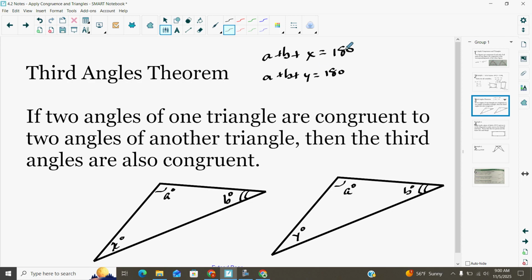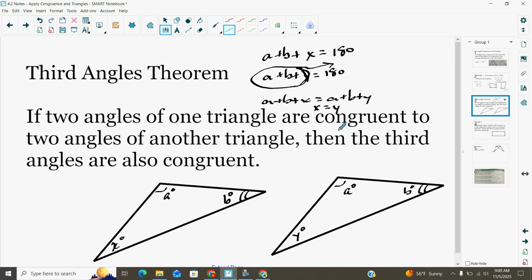Hopefully we can still see, okay, those have to be the same. To take it further though, if both equations are equal to 180, we can use substitution. We could substitute that in for the 180 over here. So it says A plus B plus X is equal to A plus B plus Y. Subtract A from both sides, subtract B from both sides.